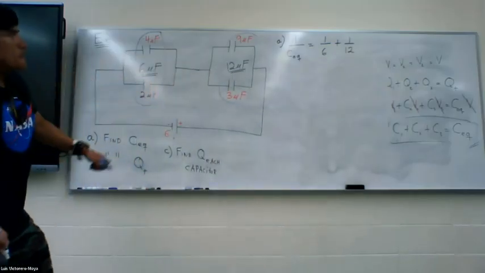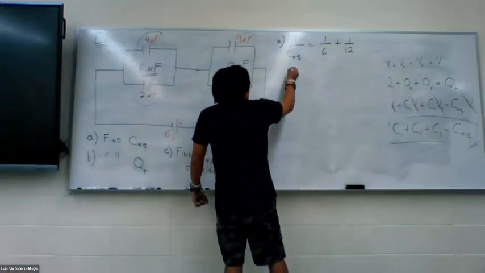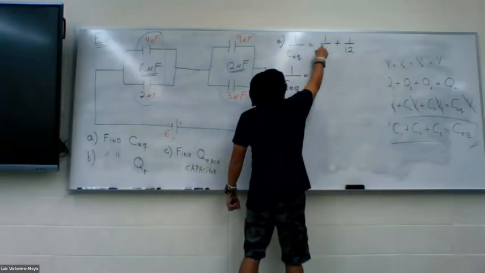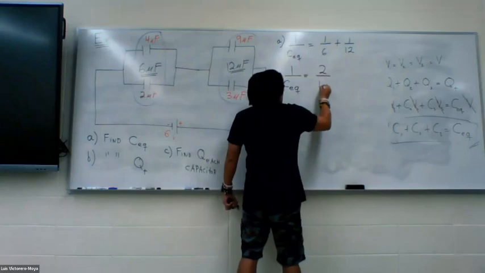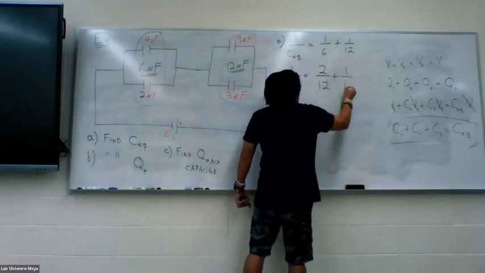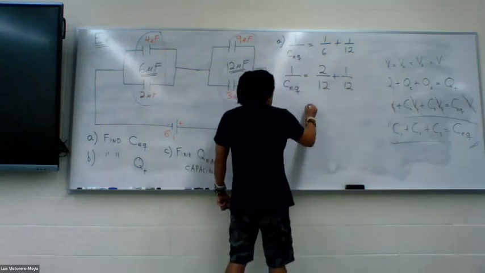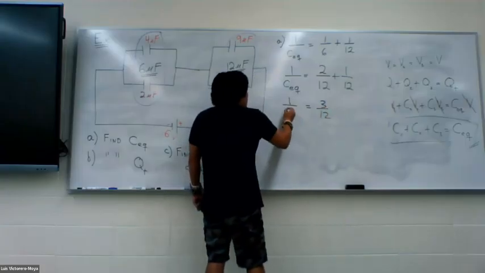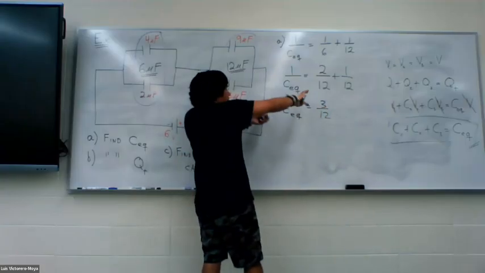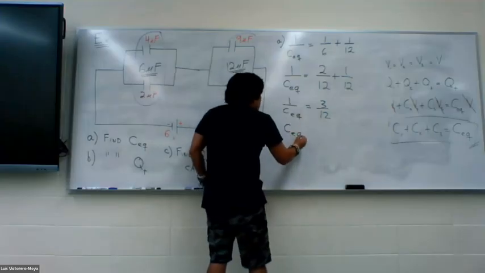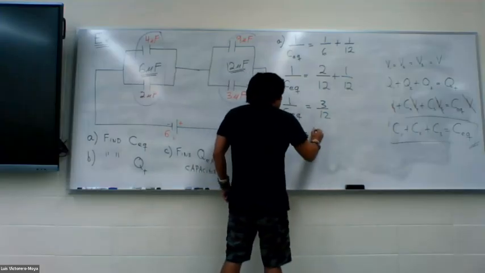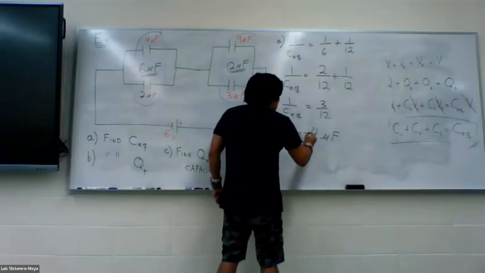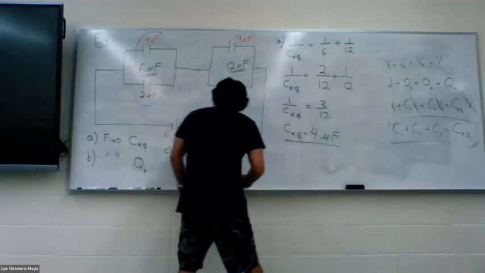Right? Okay, so 1 over C equivalent is, with a common denominator, 2 over 12 plus 1 over 12. Now I can add this: 3 over 12. But wait a second. That's 1 over C equivalent. So I flip it. C equivalent is 12 over 3, 4 microfarads. That's my answer for A.